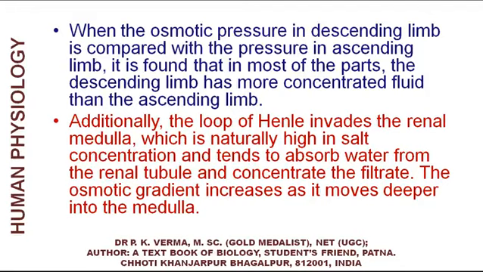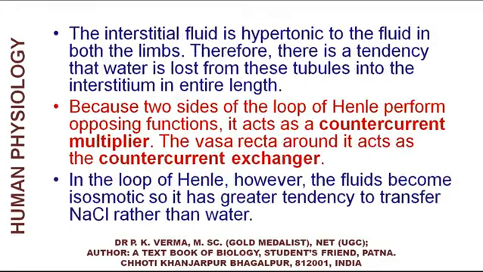The osmotic gradient increases as it moves deeper into the medulla. The interstitial fluid is hypertonic to the fluid in both the limbs. Therefore, there is a tendency that water is lost from these tubules into the interstitium along the entire length.